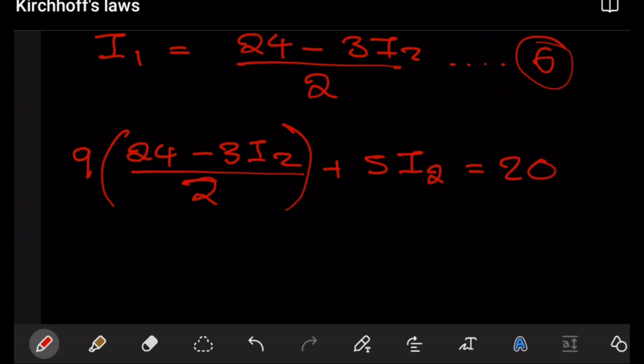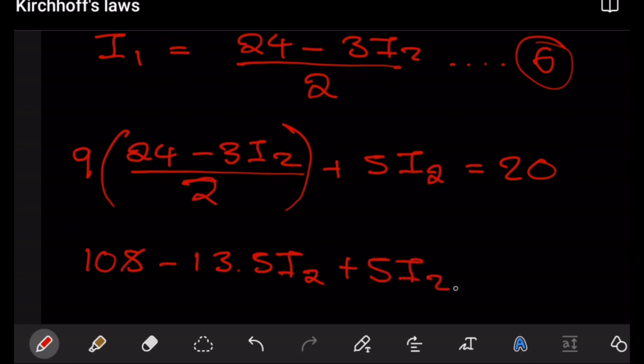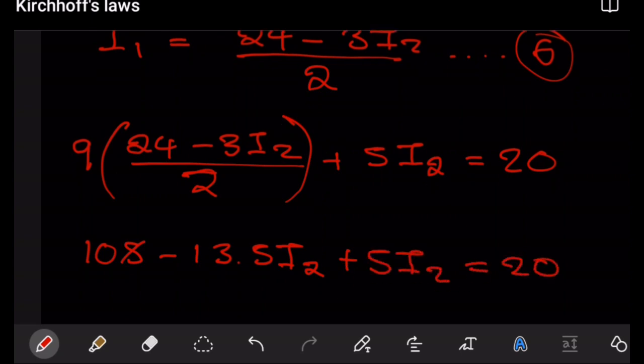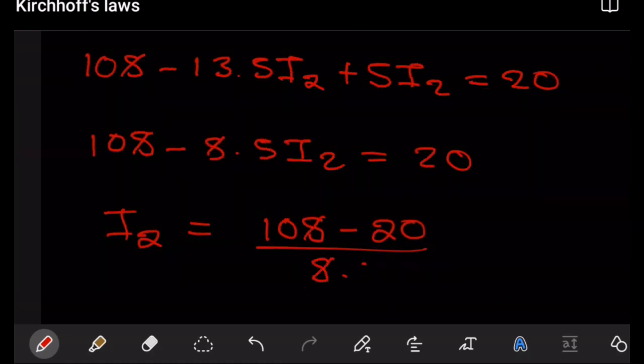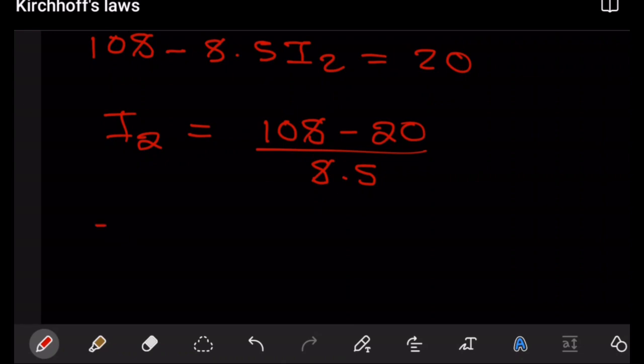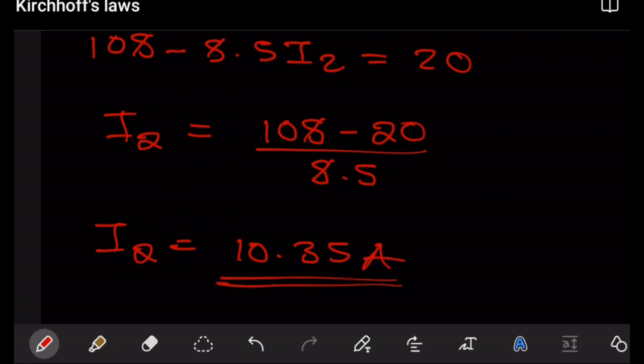So this part, we're going to end up with 108 minus 13.5 I2 plus 5 I2 equal to 20. Work this one out for I2. I2 here comes out as 10.35 amps. So this comes out as our value for I2.